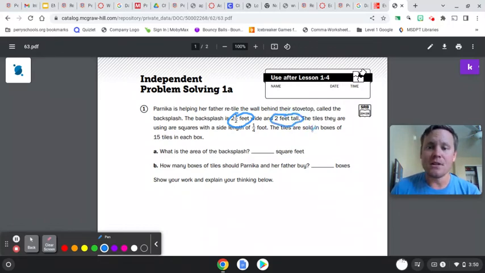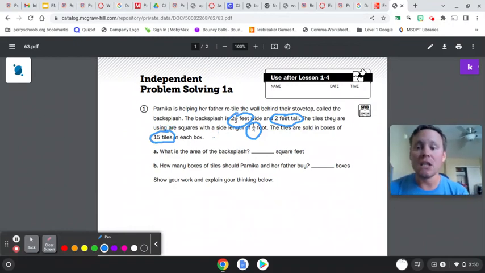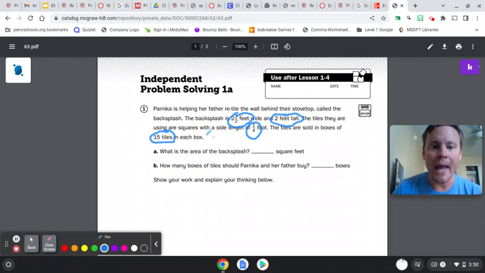The tiles they are using are squares with a side length of 1/4 foot. The tiles are sold in boxes that are 15 tiles in each box. Wow, okay. So we have a lot here to look at.